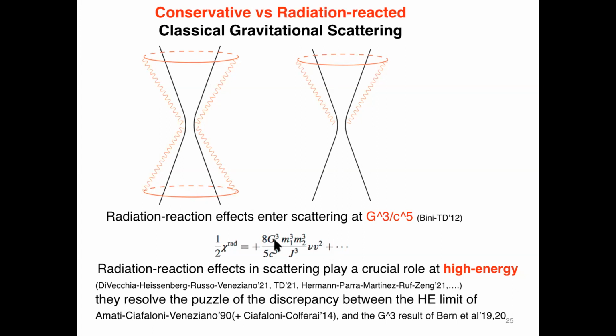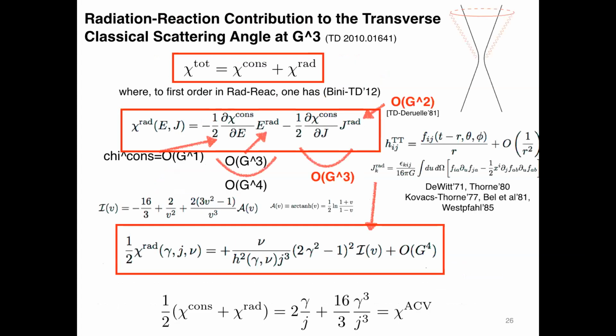And I will not discuss in detail the fact that it has been shown recently in work by Di Vecchia and collaborators, by myself and then others, that taking into account radiation reaction effects at order G cubed resolves the puzzle between an apparent discrepancy between the energy limit of the work of Amati, Ciafaloni, Veneziano at G cubed, and the recent result of Bern and collaborators at G cubed.